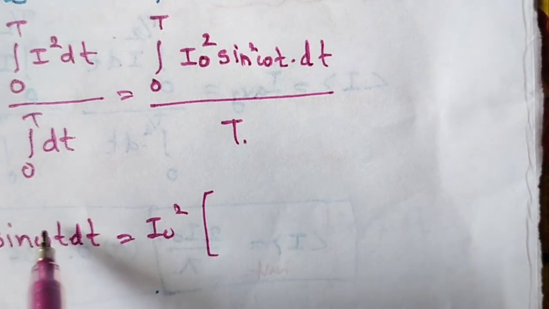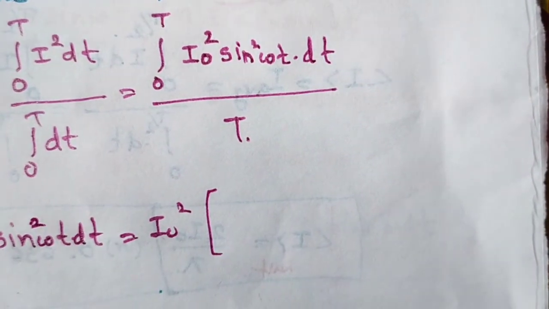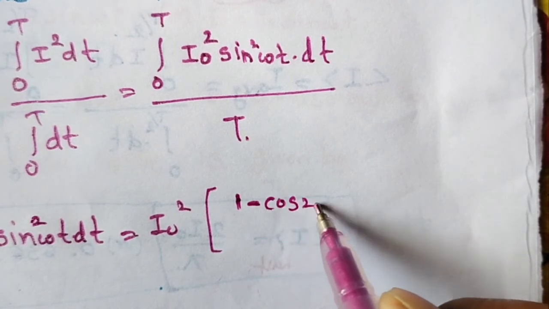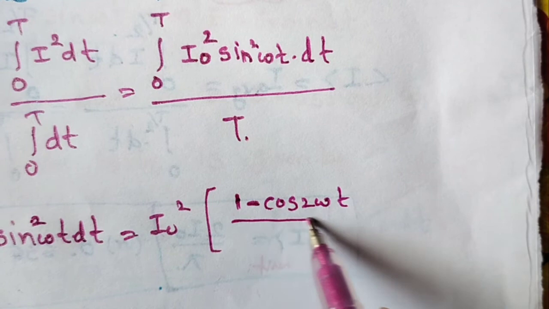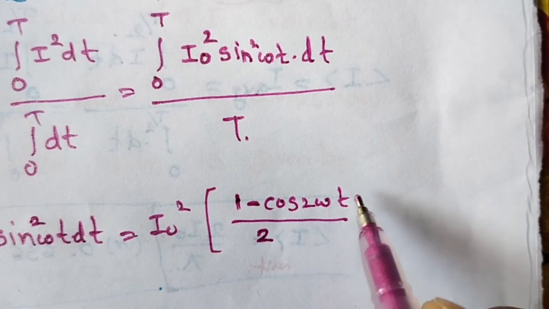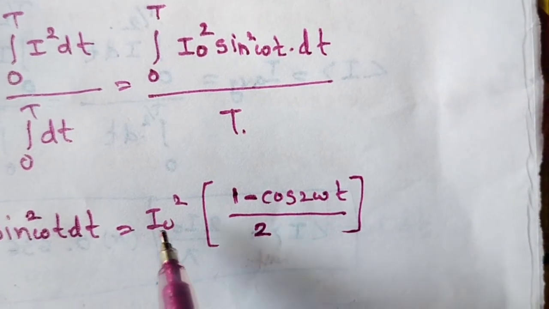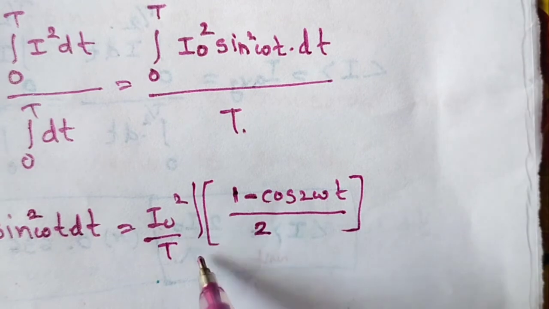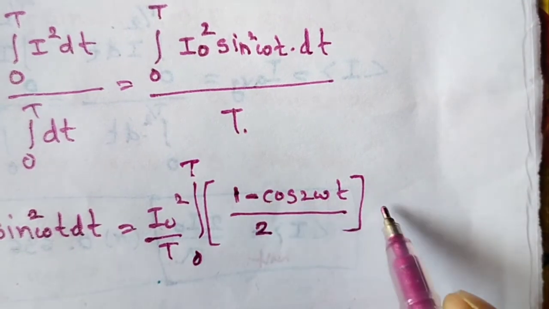Actually this is sin square omega t dt. So I am taking directly 1 minus cos 2 omega t by 2, with limits 0 to T dt.